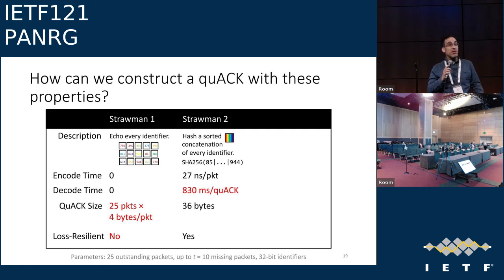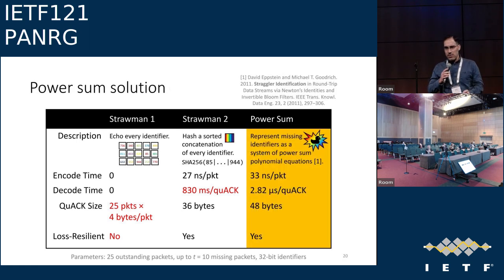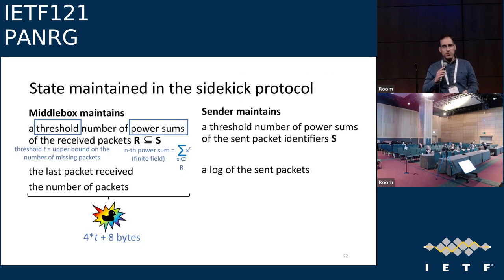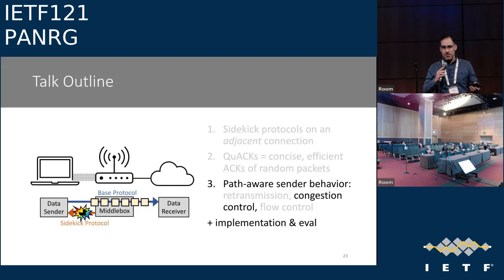You're losing all the benefits of a cumulative acknowledgement. You could just try and hash these things, but now it's very expensive. And anyway, long story short, with some fancy linear algebra, and she couldn't make it here because she's too smart, you can do this in nanoseconds, it turns out. You can produce these identifiers. I'll just skip past here, but anyway.